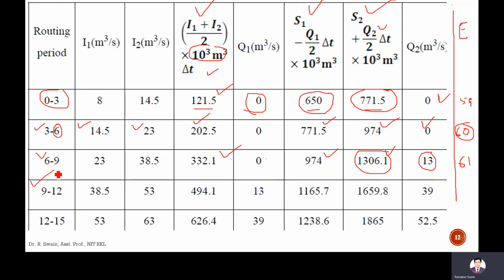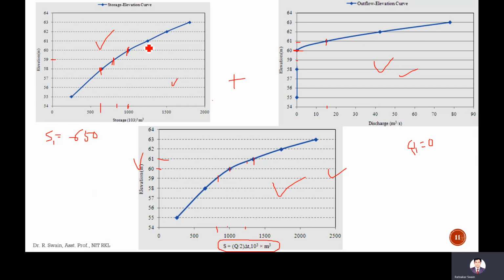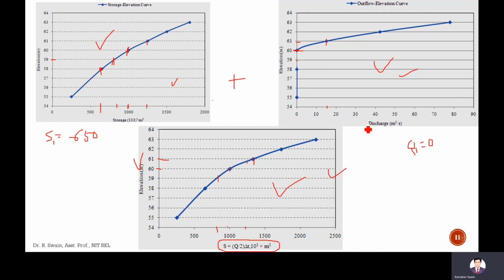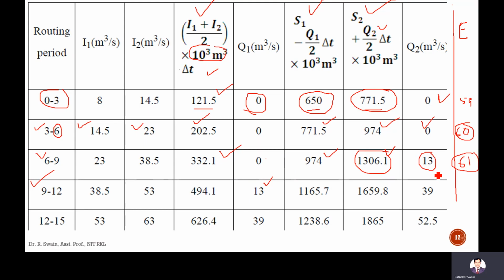So now for the next time step, again we have to see the 61 elevation. Corresponding to this 61 elevation, we have to see the storage S1 and Q1, and we have to write this 13. At 61 elevation, the S1 is somewhere in between, something like 1300 or 1200, whatever it is, that value is the S1, and the Q1 corresponding to 61 is this 13.